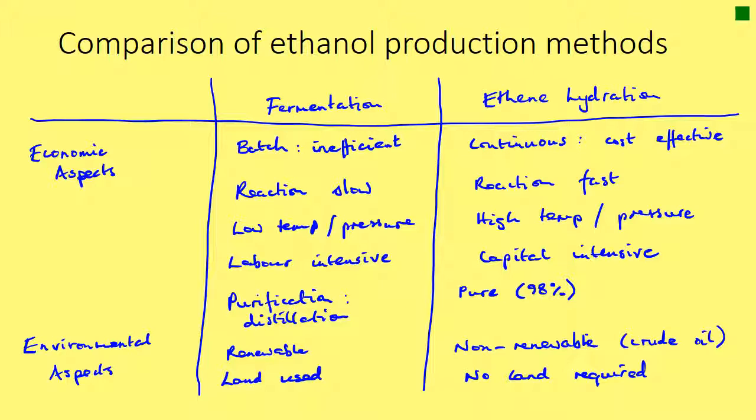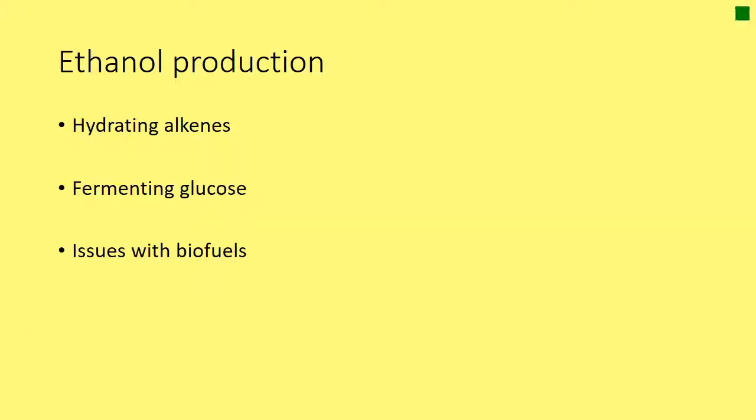As far as an exam question is concerned, what's important is not really which one you think is best, but that you can compare the pros and cons of the two methods. So hopefully you have enough information there. That brings us to the end of our little video on ethanol production, and we looked at our two methods of making ethanol, hydrating alkenes from crude oil or fermenting glucose that we've grown.